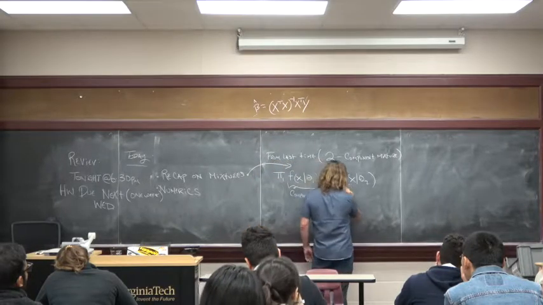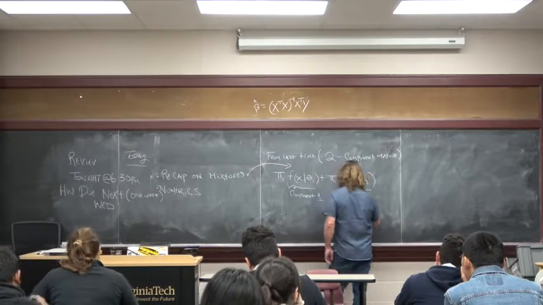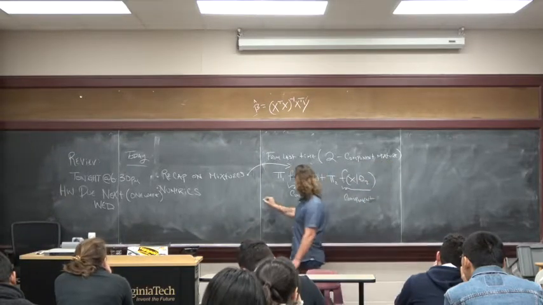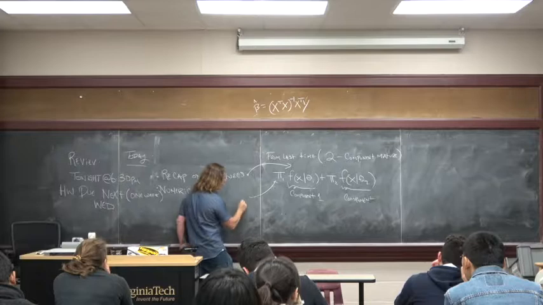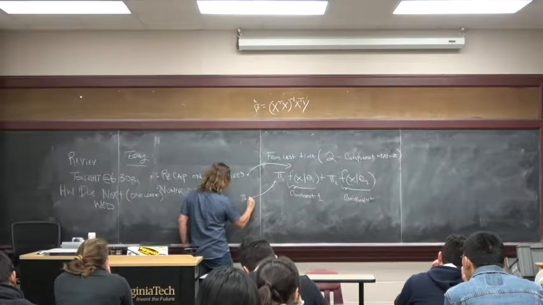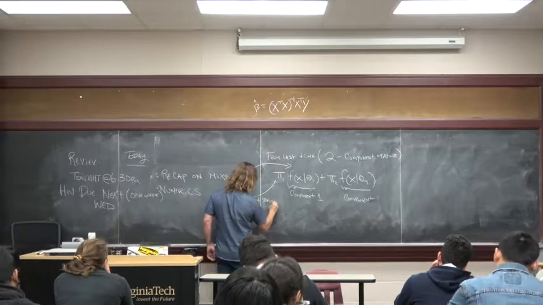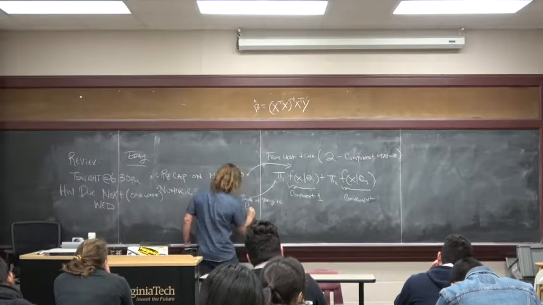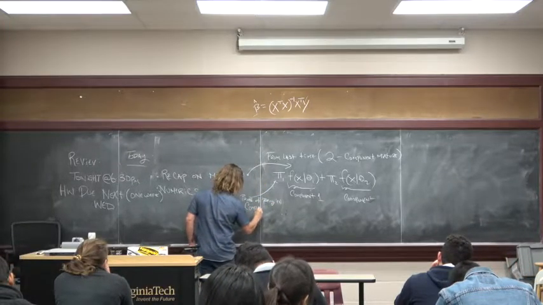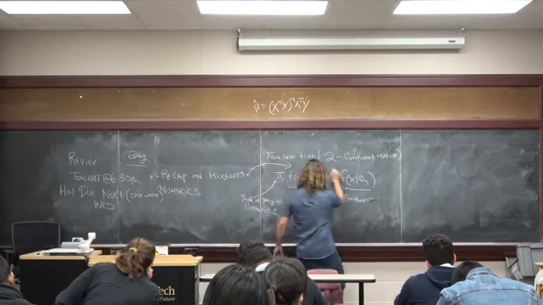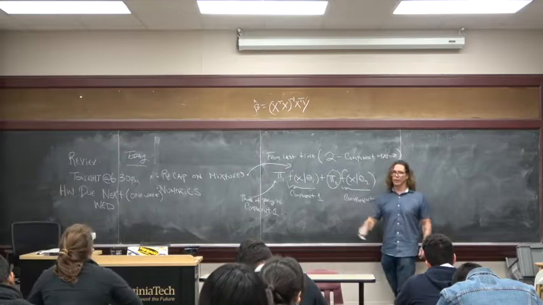And this right here is component two. This right here is the probability of being in component one. And similarly, this is the probability of being in component 2, right here.